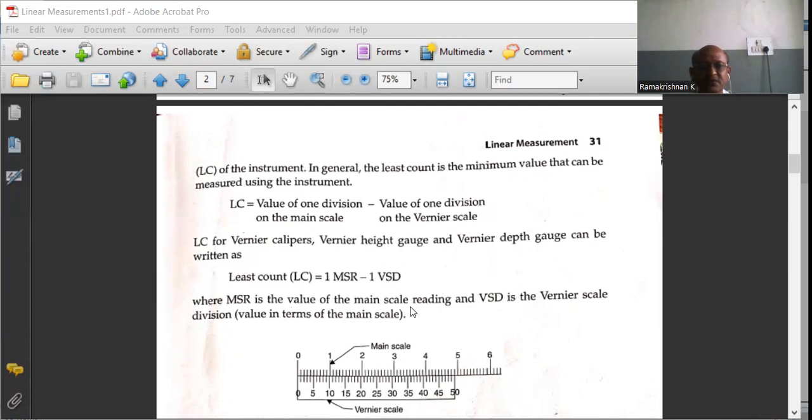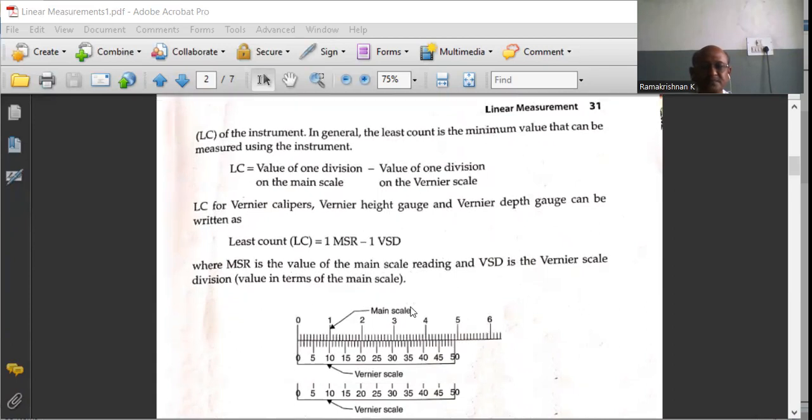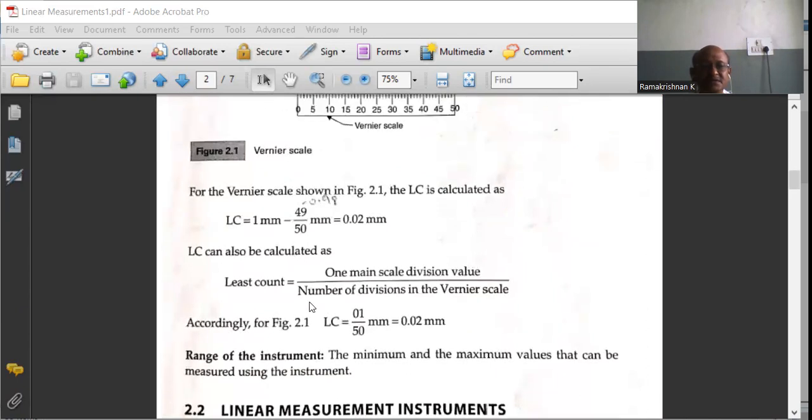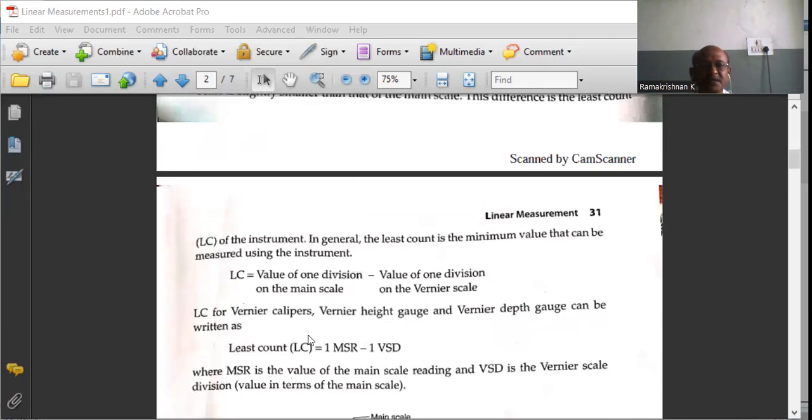For the Vernier caliper, the least count is the difference between one main scale division and one Vernier scale division, that is 1 MSD minus 1 VSD. One main scale division is 1 mm, and one Vernier scale division is 0.98 mm. So the least count for the Vernier caliper is 0.02 mm.